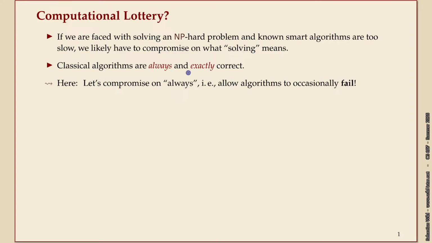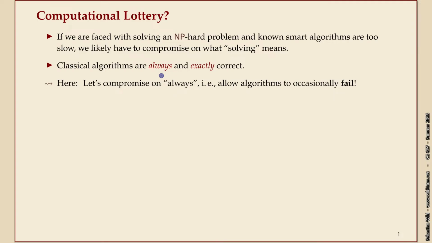Classical algorithms, as we've studied them in fixed parameter tractability, have to be always and exactly correct. And really, think of exactly makes sense for optimization problems more than for decision problems. But really these are two separate properties, and we could give up either of them or both. And here we'll give up the first one, namely that the algorithms always work, or provably always work.